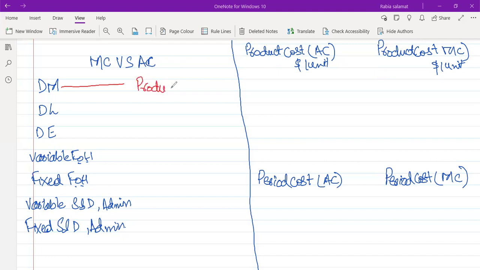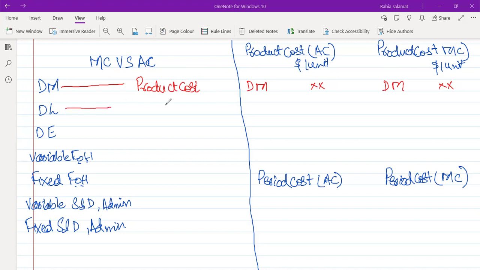When we talk about the product cost using marginal and using absorption costing, there is no conflict. Direct material is part of your product cost. There is no conflict in these accounting techniques.